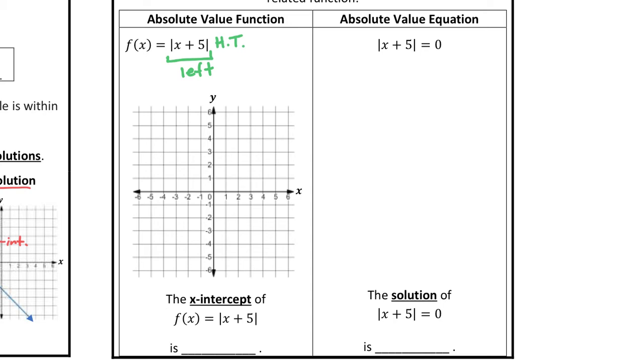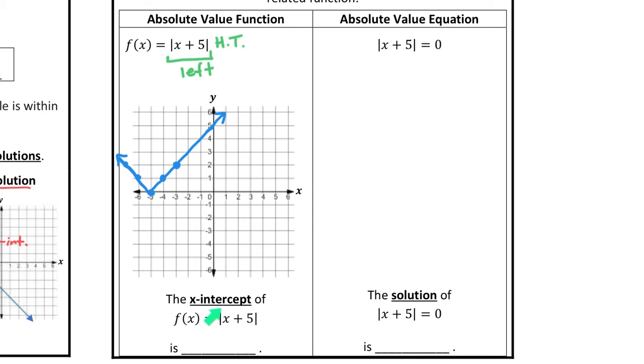Okay. So if I move to the left 5 units, I'm going to be there. Let me get something like this.